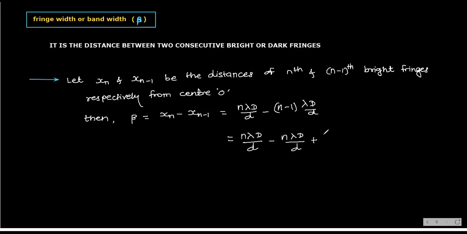So you are getting lambda D by small d, isn't it right? Now just cancel these two terms. Therefore beta is equal to lambda D by small d. Okay, beta is equal to lambda D by small d.